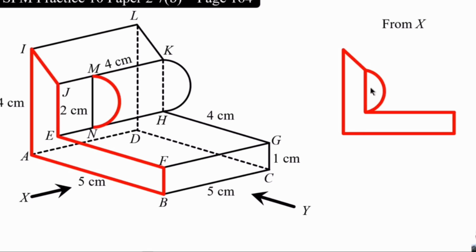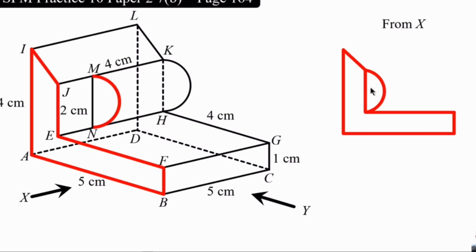So you have the 4 centimeter there, and the diameter is 2 centimeter. So that means each one of the rectangle should be 1 centimeter, right? One here, this is one, the other one also one. So the balance is 2 centimeter for the diameter, and this is 4 centimeter.